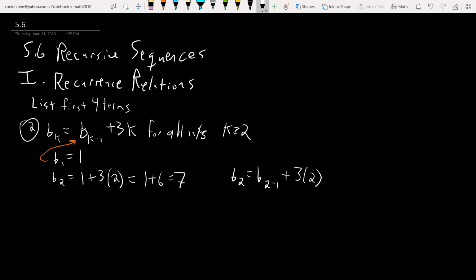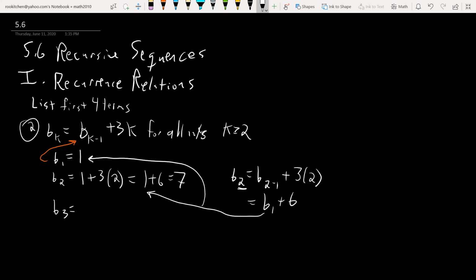So wherever you see k, you're just putting in the index, and simplifying it, it would be b sub 1 plus 6. And of course, b sub 1 is the initial value that's given in the book. That's just 1. And then you can continue this way.